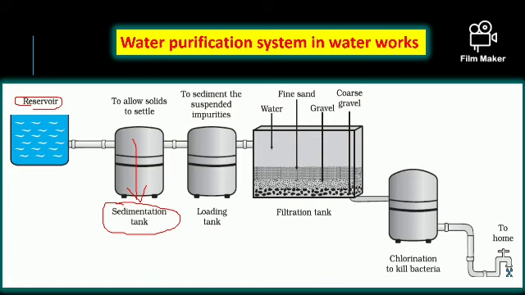Later on this water is allowed to pass through this loading tank. So here the animal fecal matter is separated, which is suspended in the water. Then the water is allowed to pass through the filtration tank where some more suspended impurities will be separated, as it contains fine sand, gravel, coarse gravel material.